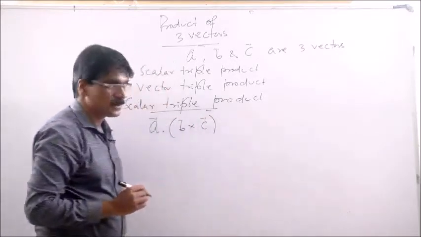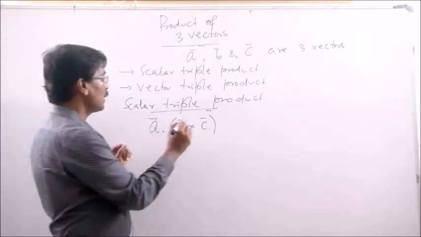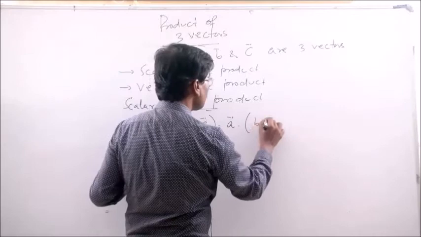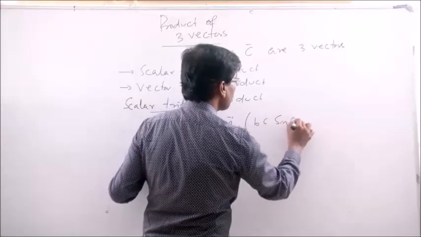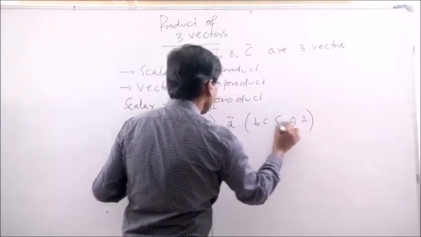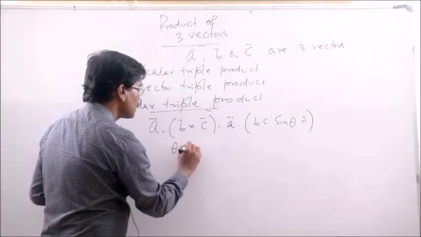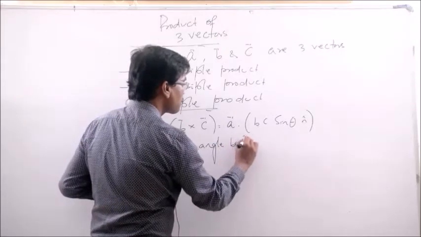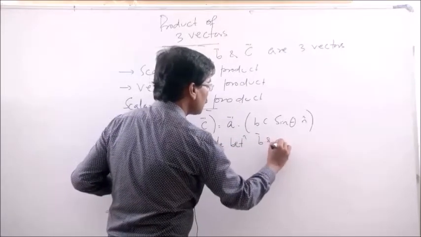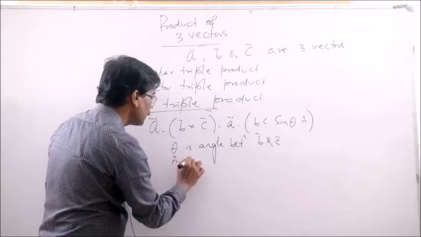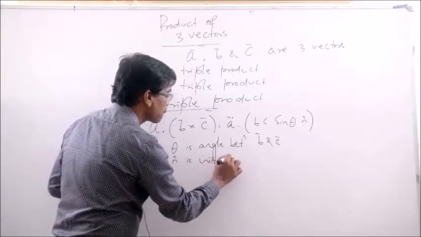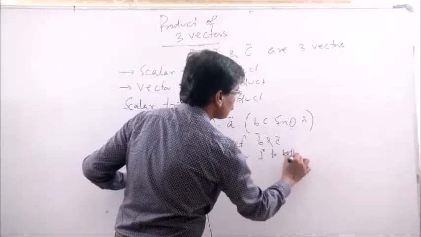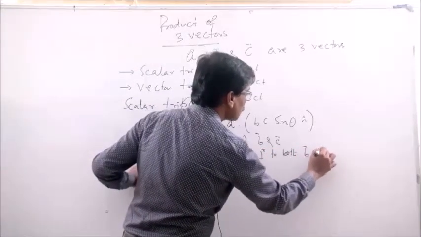a dot b cross c is a scalar triple product, because b cross c is equal to bc sin theta n cap, where theta is the angle between b vector and c vector, and n cap is a unit vector perpendicular to both b vector and c vector.